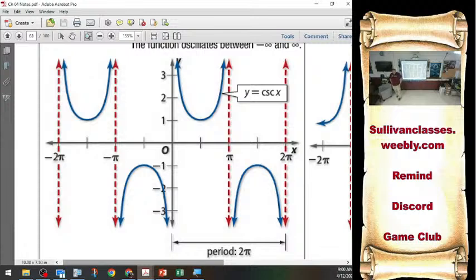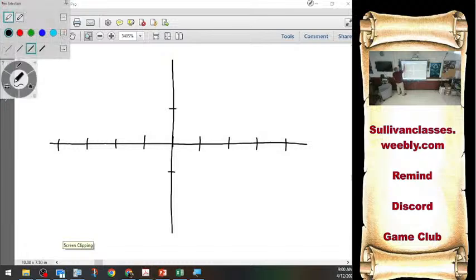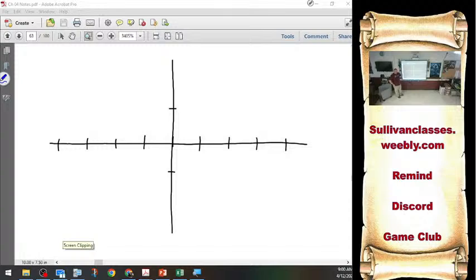That is the cosecant. Cosecant is a reciprocal of sine. And you're like, what? But then I say, I always make a sine graph by starting where?